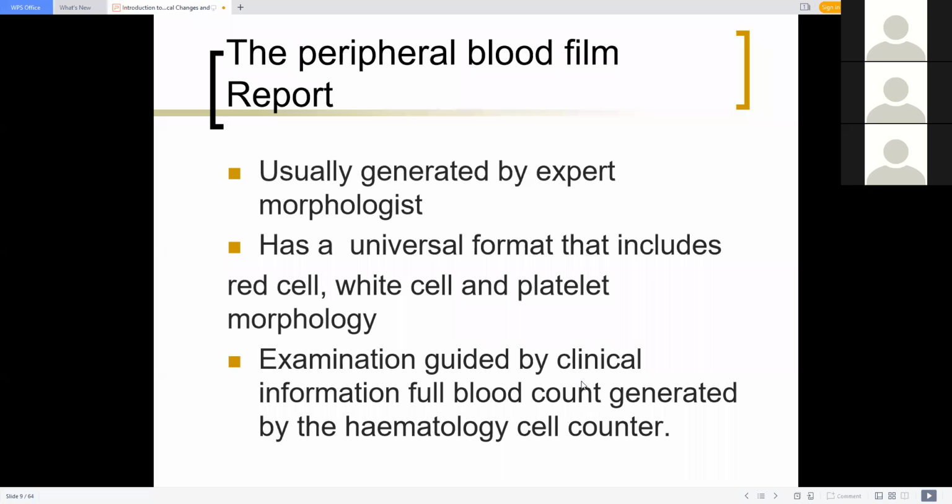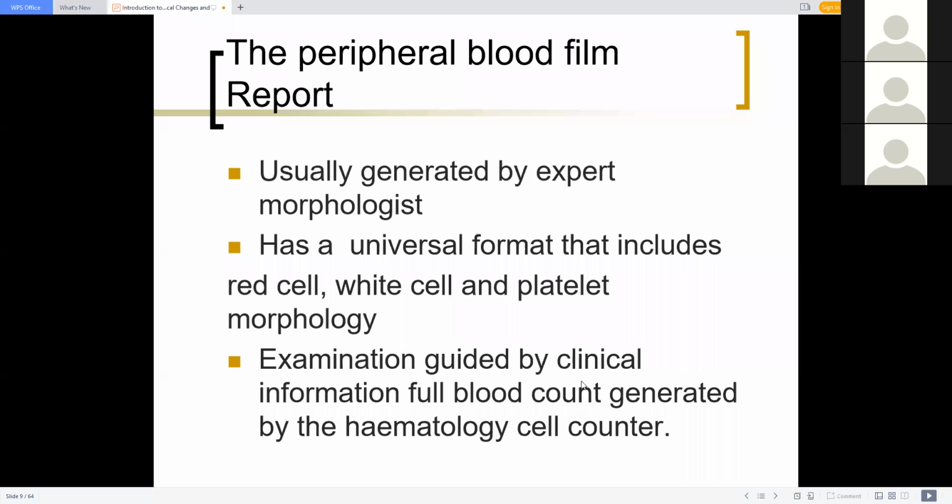A request form may come either digitally or as a hard copy to the laboratory and say, this is patient X, he is 7 years old and came with abdominal swelling and jaundice, and requests a total blood count and a peripheral blood film. The laboratory processes the parameters and makes a peripheral blood film, brings it to the hematologist or the morphologist, and then we report.